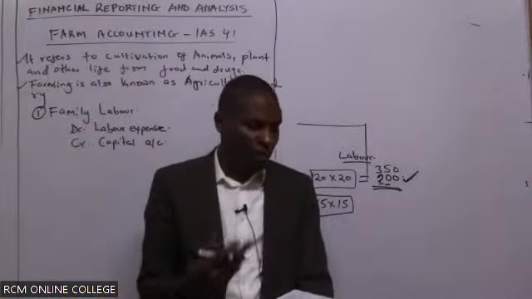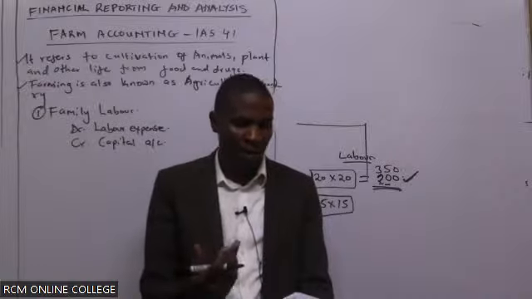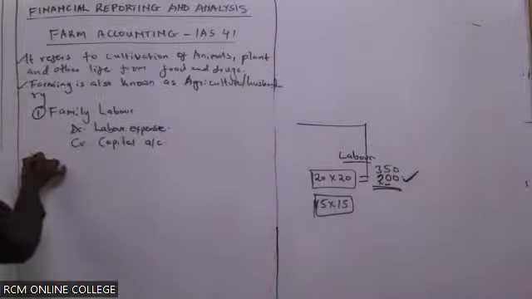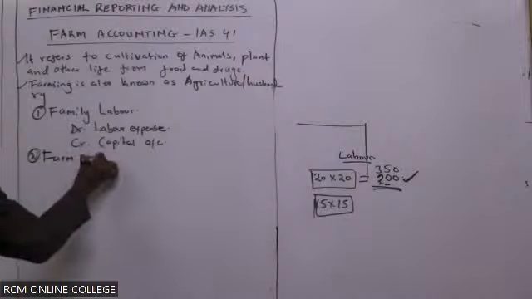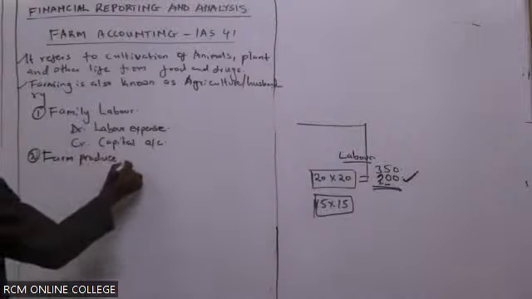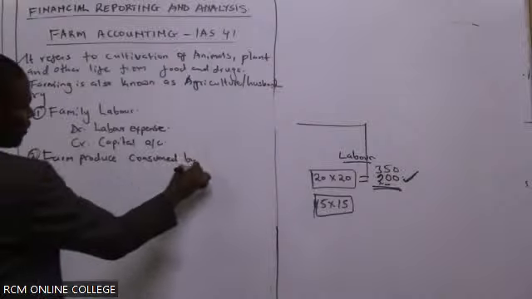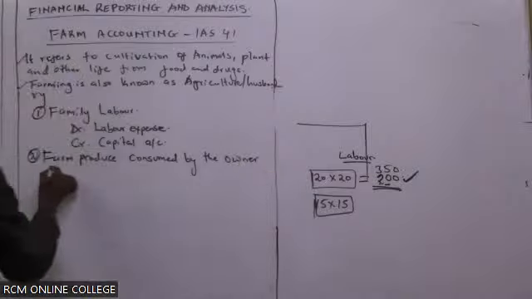Number 2, farm produce consumed by the owner and the family.